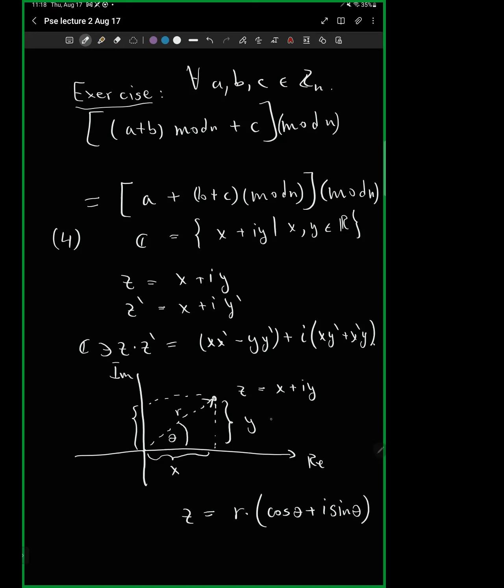Because here, if you do the usual sine and cosine definition, you get that y is r sinus theta, and x is r cosinus theta. And in shortened notation, we write it as r kis theta.